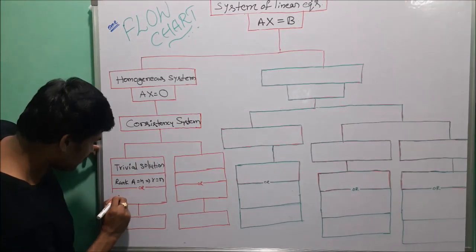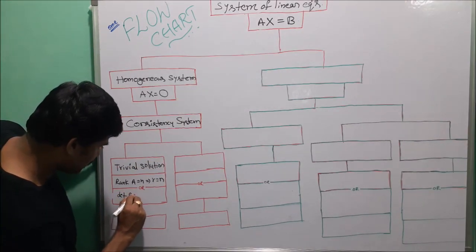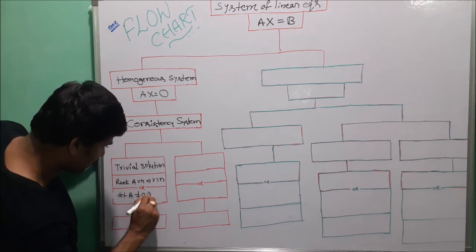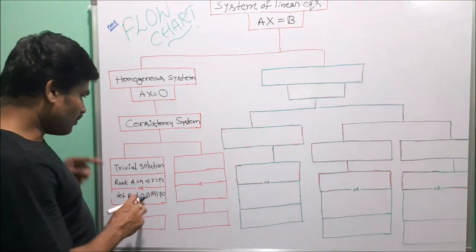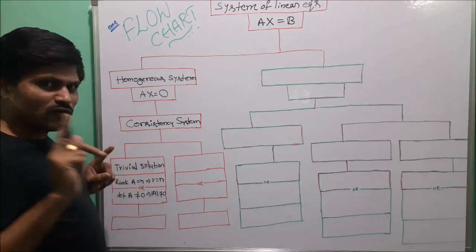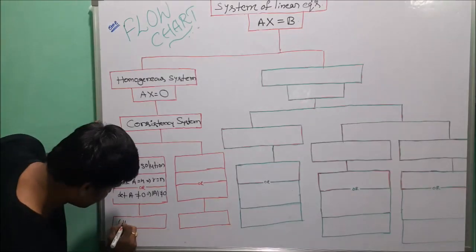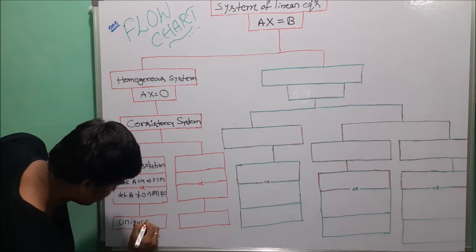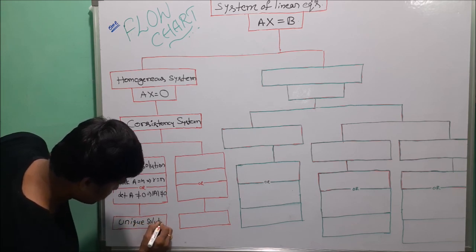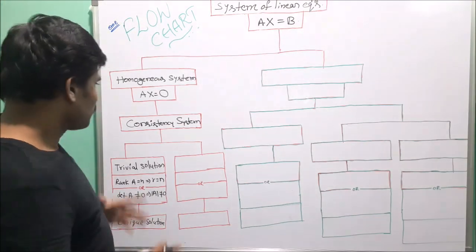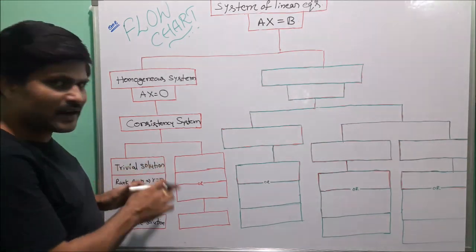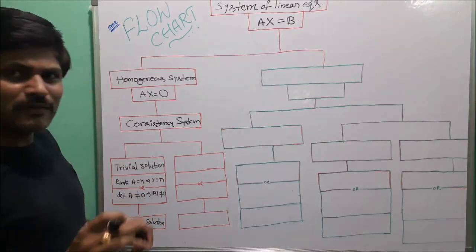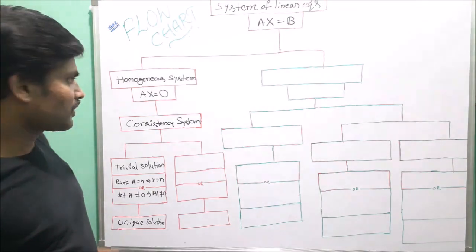So here det A is not equal to 0. So this trivial solution is the one and only solution, therefore that is a unique solution. So this system has a unique solution. This is rank of A equals n, that means R equals n. Another way is the determinant of the coefficient matrix is not equal to 0.